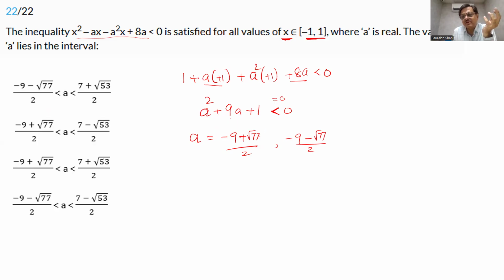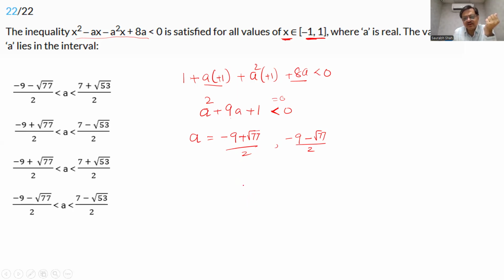Root of 77 will be very close to 8.6, 8.7, 8.8. I mean, it's very close to 8.8. 88 square is 7744. So it is (-9 plus 8.8) by 2. It's very close to 0.1. The result is, sorry, minus 0.1.